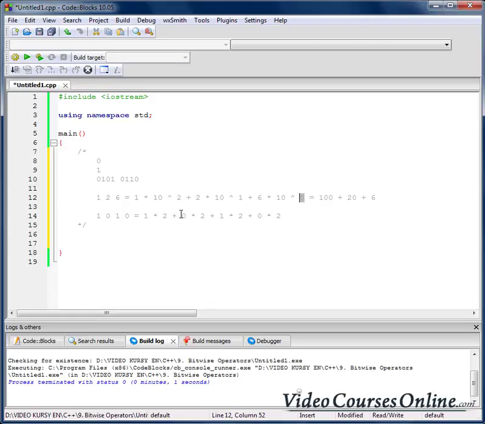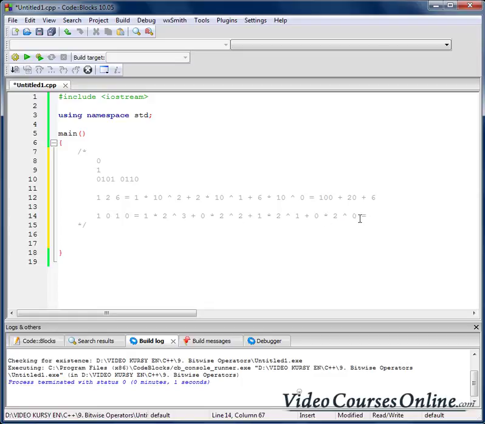Okay, so here is how it should be: 2 raised to the power of 0, 1, 2, 3. So 1 multiplied by 2 to the power of 3, 0 multiplied by 2 to the power of 2, 1 multiplied by 2 raised to the power of 1, 0 multiplied by 2 raised to the power of 0.